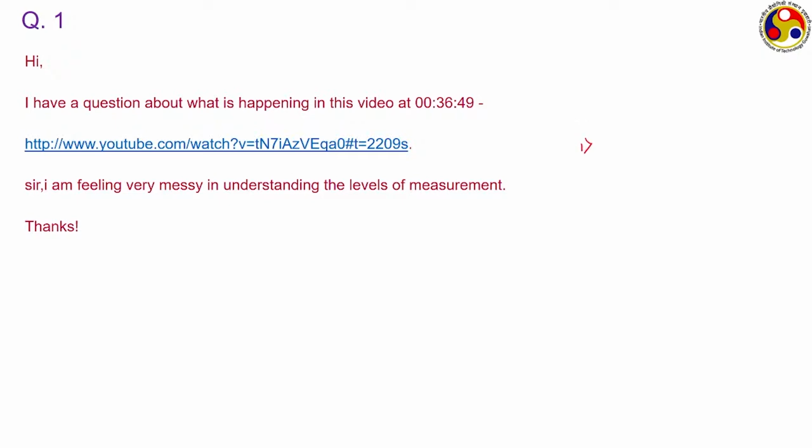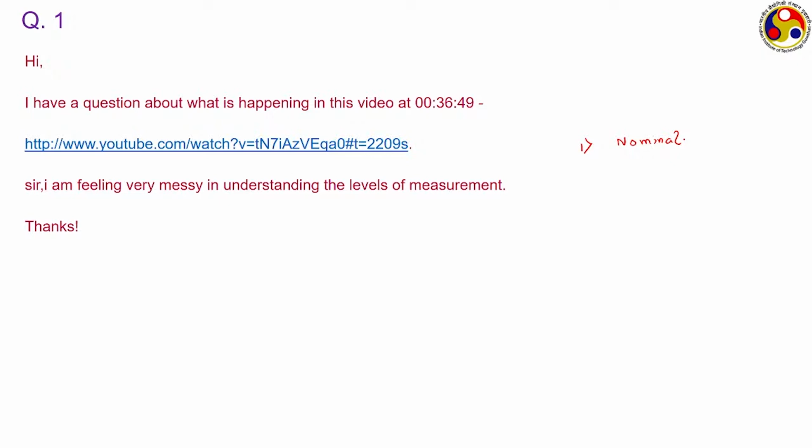The type 1 is the nominal, or classificatory measurement, which some theorists don't consider a type of measurement at all. Nominal measurement is just dividing the samples into different groups without talking about any particular quality.